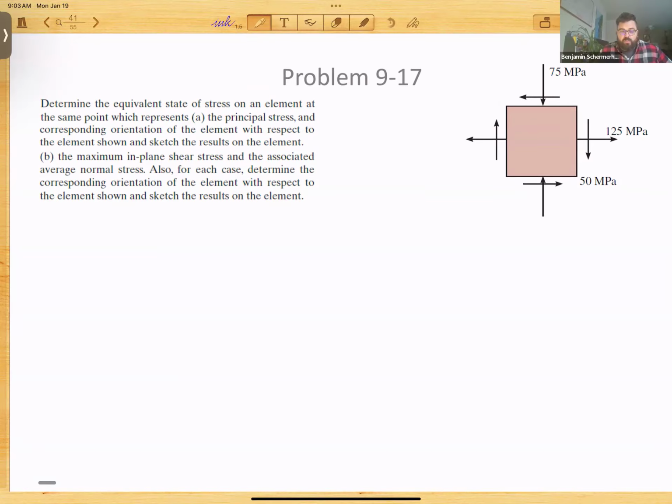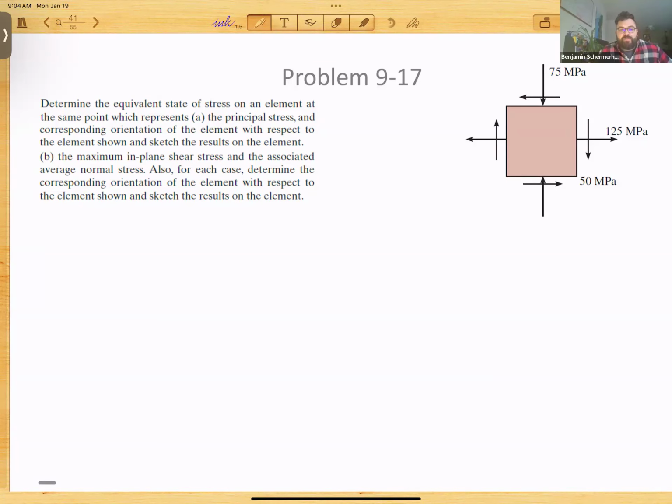So I'll read through this, and I want you to follow the process, see what you can do here, just having seen it once. So for this problem, we want to determine the equivalent state of stress of an element at the same point, which represents the principal stresses and what the orientation is. So we just want to find out what the maximum normal stress is, as well as how much we have to rotate to get to that point.